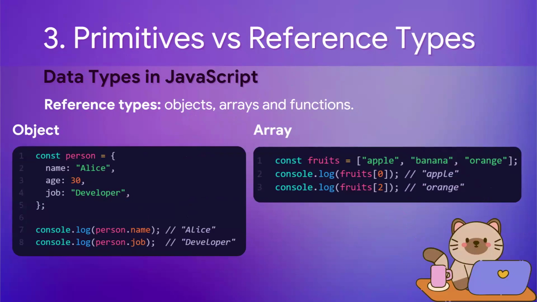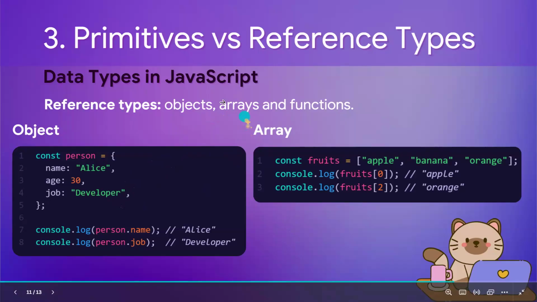So in this case, as we saw before with Anna, we have a person with a name, the value Alice, another property, the age, and the value would be 30. And a new property will be job. The value will be developer. So this will be the kind of object we have, but we also have arrays.